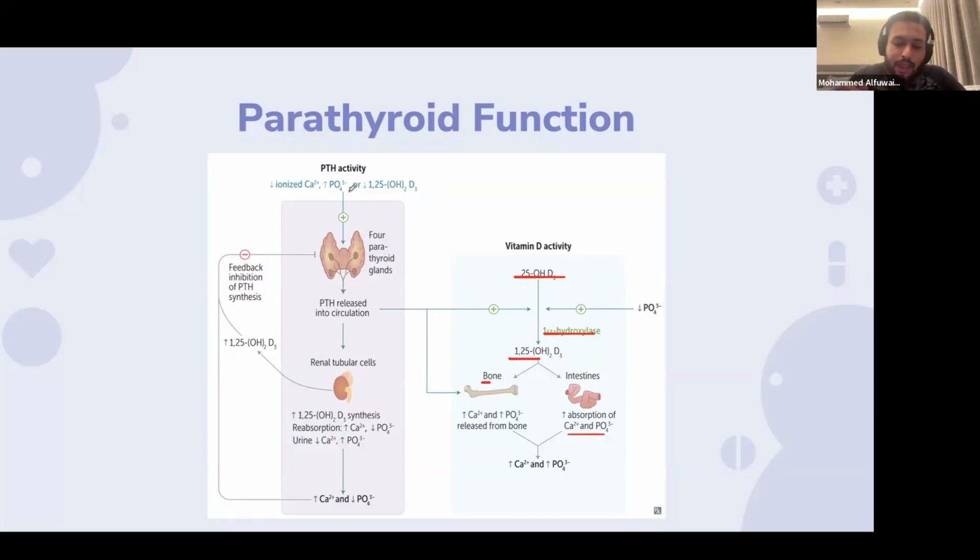Now, the other disease is secondary hyperparathyroidism, which is usually due to what disease? Chronic kidney disease, CKD. So in this case, the parathyroid will compensate for the chronic kidney disease and it will cause hyperparathyroidism. The calcium levels in chronic kidney disease will be high or low?